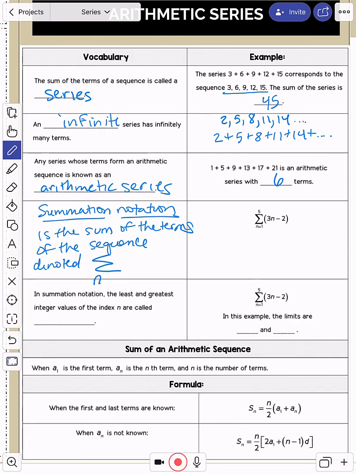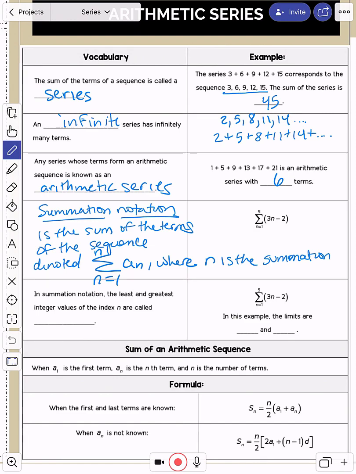I'm going to stick with n. N equals 1 to n of a sub n, where n is the summation.